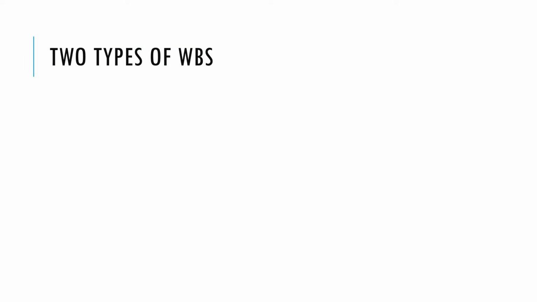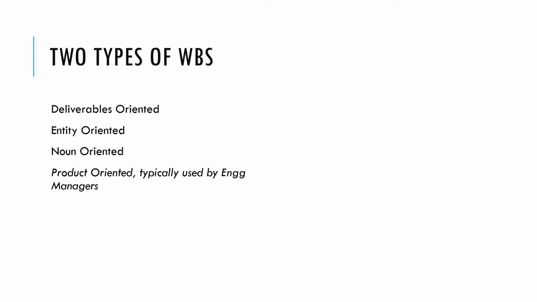So the two types of WBS are, number one, deliverables oriented, like I mentioned, and like the first slide of this video also mentions. But this comes in several forms. This is also known by some other names which you should be aware of, right? Entity oriented, noun oriented, or even product oriented.